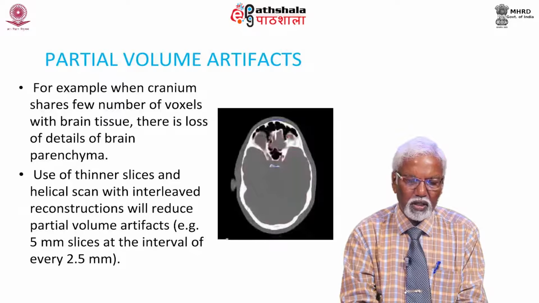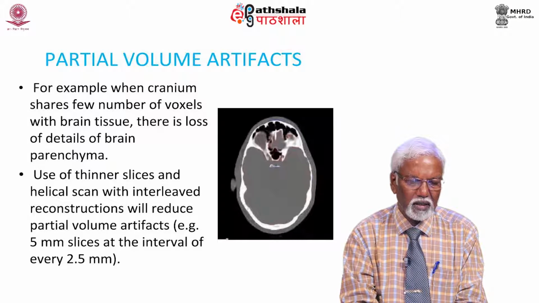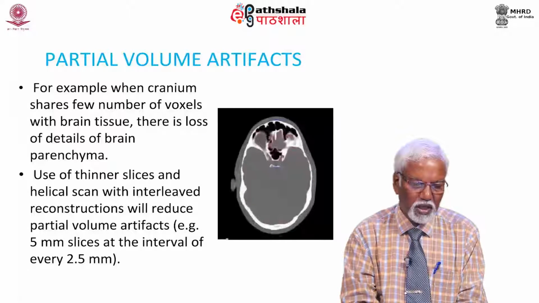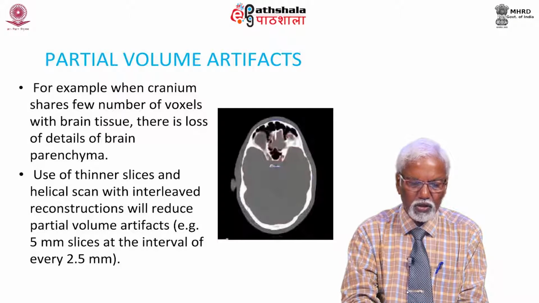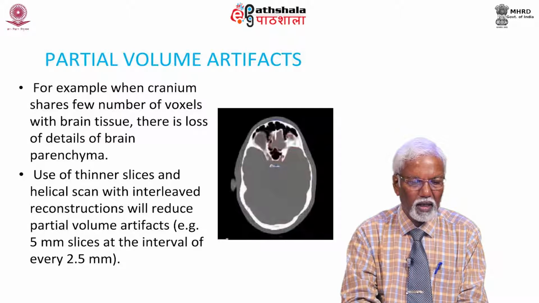The right side picture shows the partial volume artifact. For example, when the cranium shares a few voxels with the brain tissue, there is a loss of details of brain parenchyma. Use of thinner slices and helical scan with interleaved reconstruction will reduce partial volume artifact. For example, 5 mm slices at an interval of every 2.5 mm will reduce partial volume artifact.